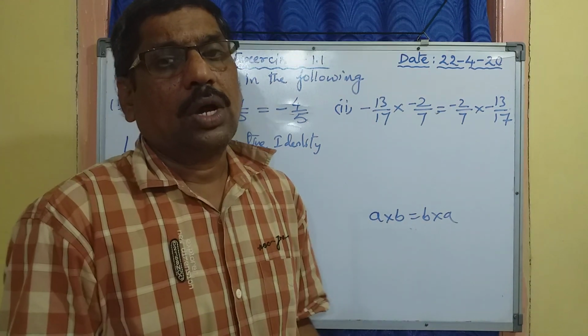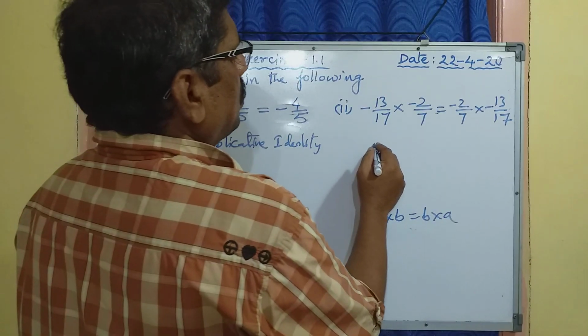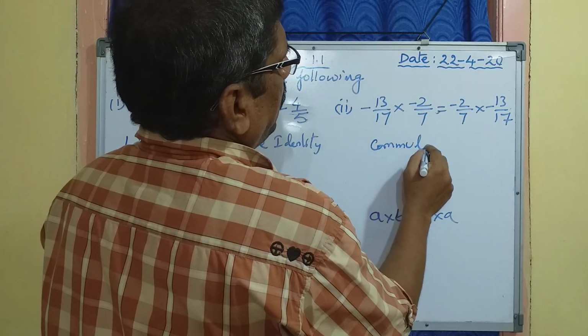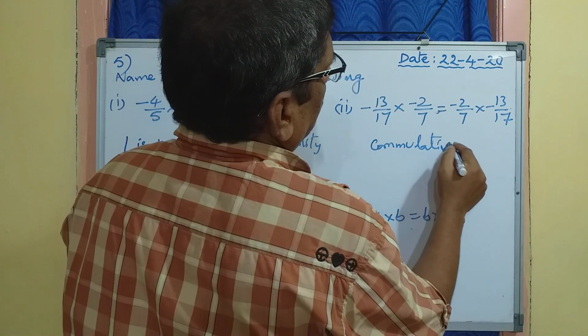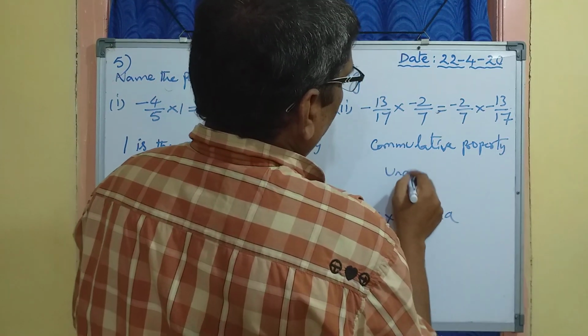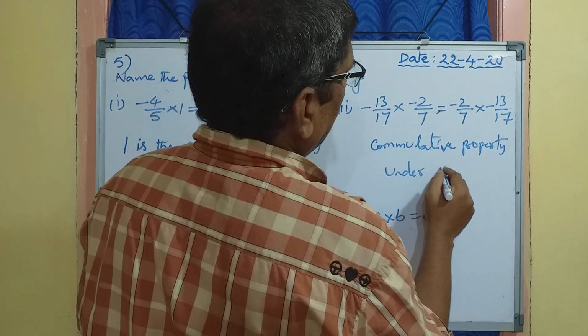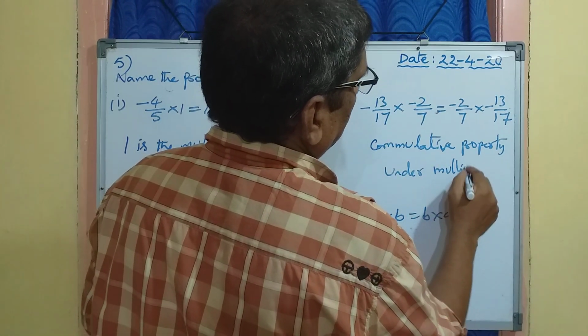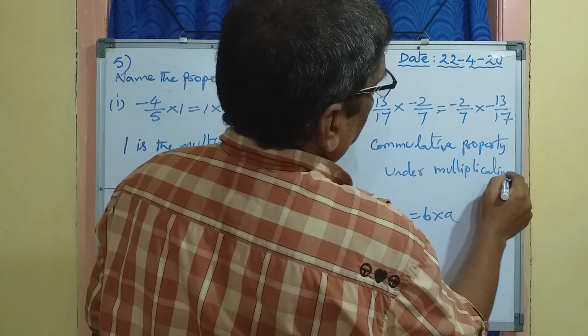That is called the commutative property. So, this is commutative property. What is the operation involved in this? Multiplication. Got it?